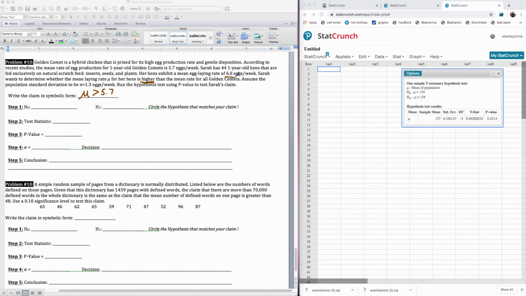Okay, remember this 6 is actually an X bar, because this 6 eggs per week comes from her 44 hens. So that's not the population, that's a sample of her hens, which is 6 eggs per week. And she is different, she's feeding them all this other stuff, and probably trying to get more eggs. So if this is a greater than, your alternative will be a greater than, and then your null will be an equals.